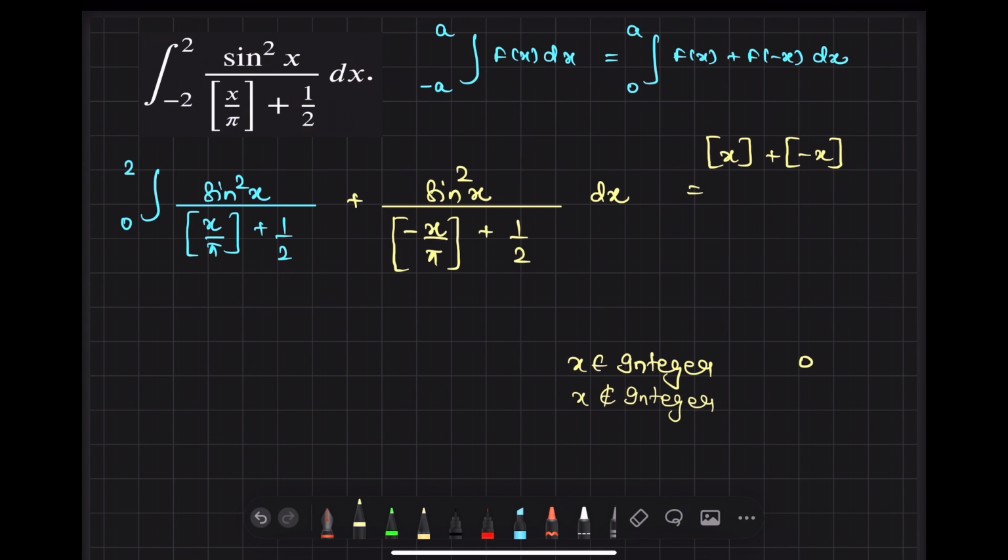So if x is not an integer, suppose it is 5.1. So what is box of 5.1? It is 5. Now for the box of minus 5.1, you will imagine yourself on the number line and move towards the left-hand direction in search of an integer. The moment you find the first integer will be the answer.